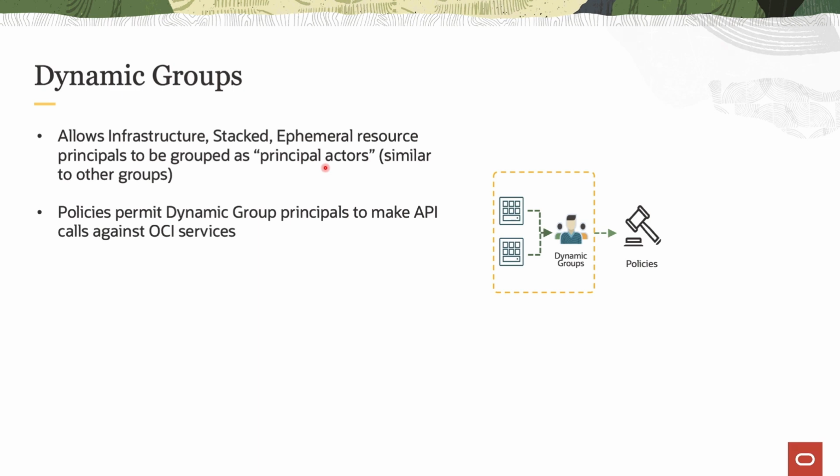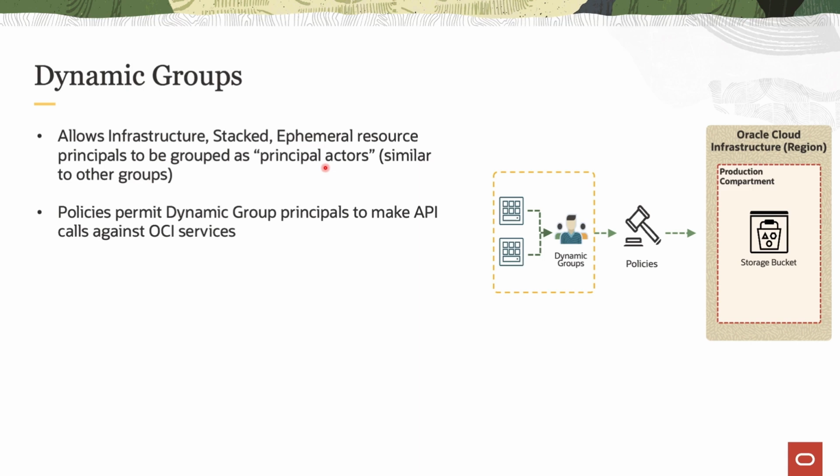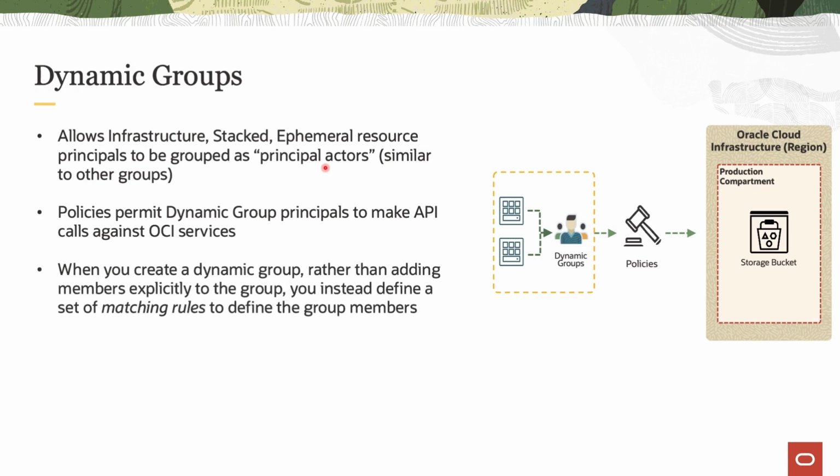And these policies will permit principal actors to make API calls against the OCI services. For example, an instance calling object storage, a database calling vault service or functions calling any other service in OCI. So you write a policy which can let a specific resource or specific principal make API calls against any other OCI service.